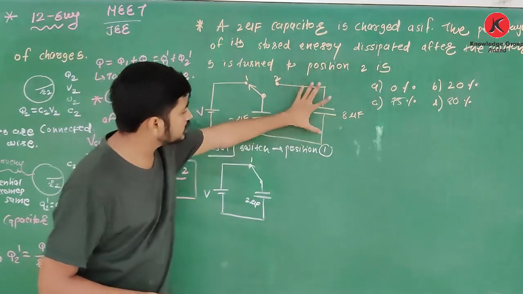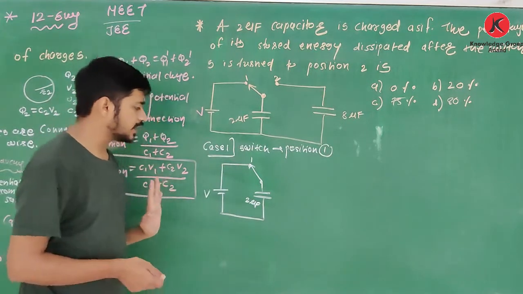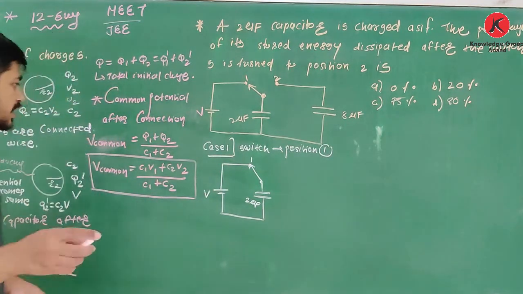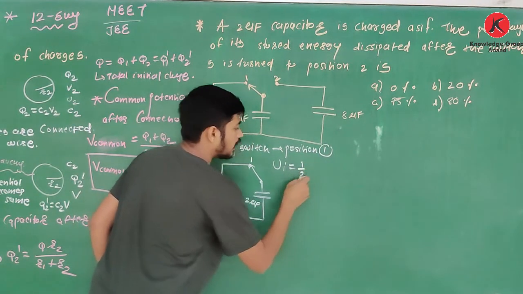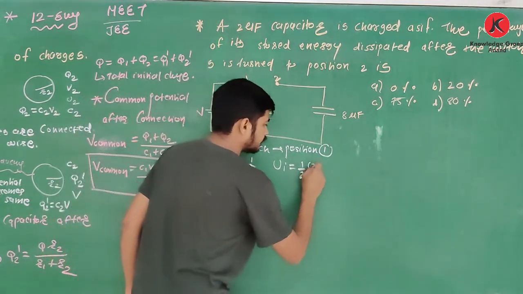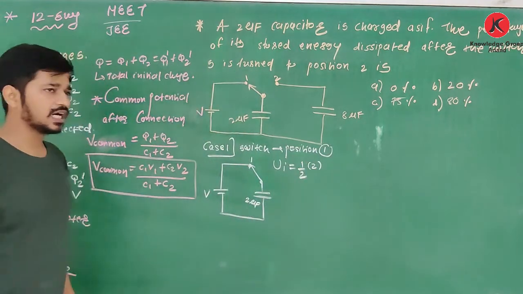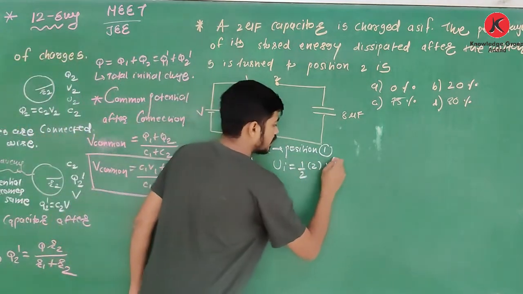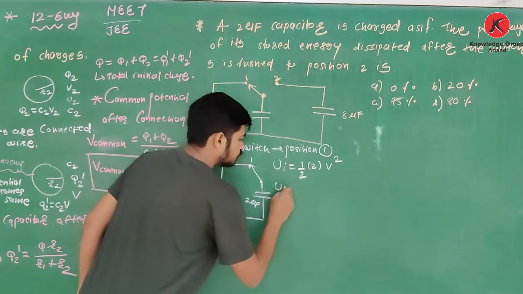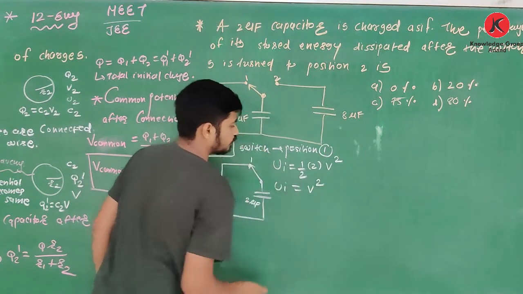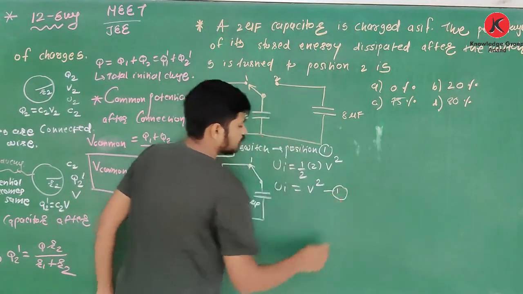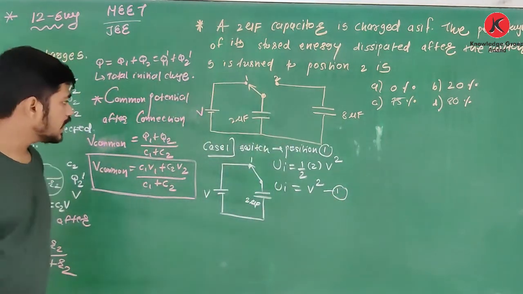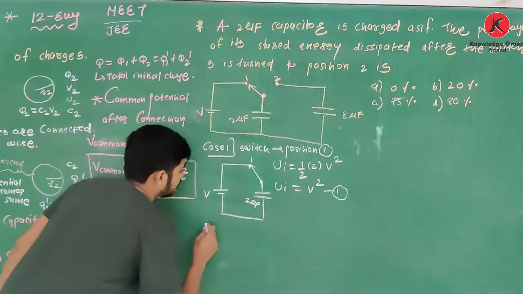We have to consider only this circuit. So what is the total initial energy? Initial energy Ui is equal to half C V square. C is 2, so the 2 cancels. So Ui is equal to V square. Initial energy is V square. Now case 2.